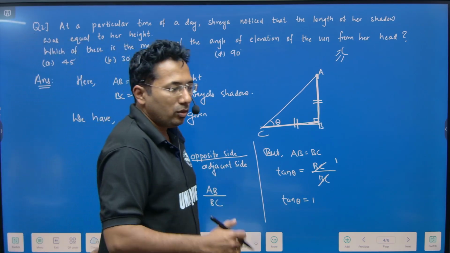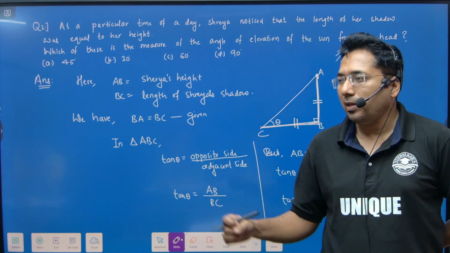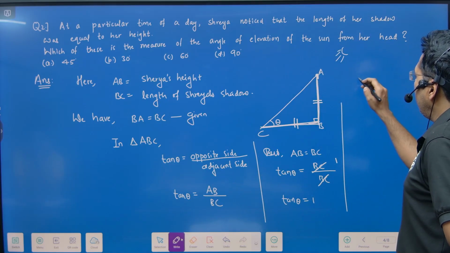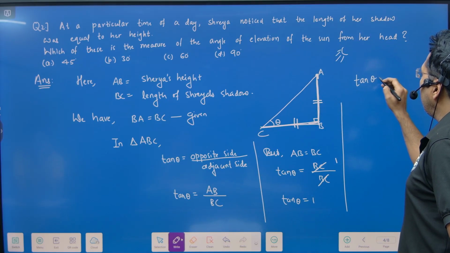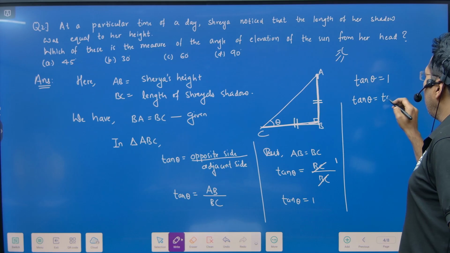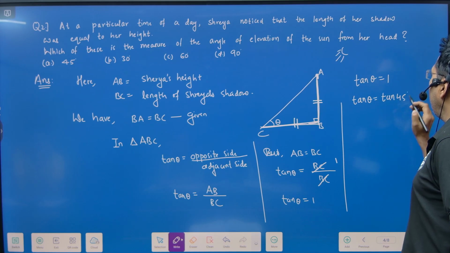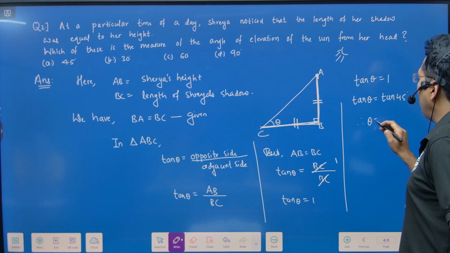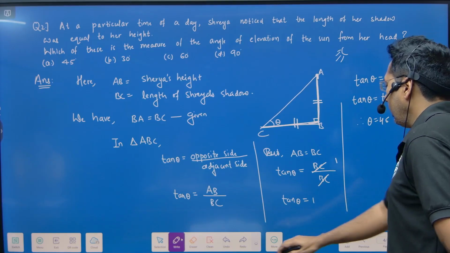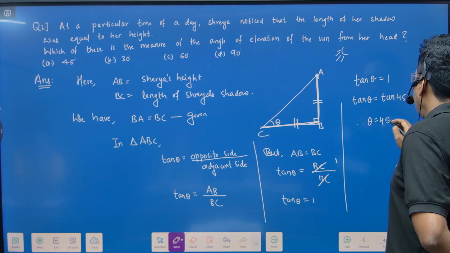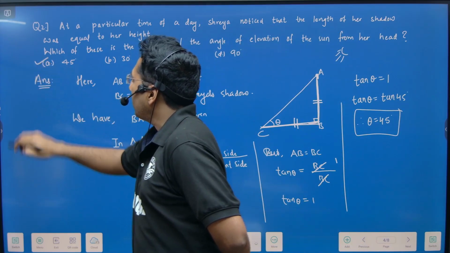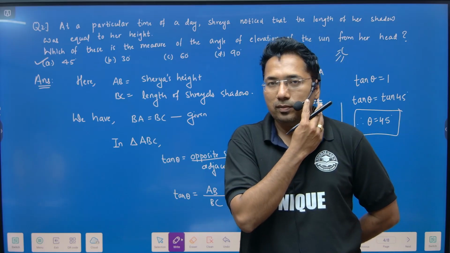Now in the trigonometry table, for which angle is tan theta 1? 45 degrees. What should I write here? Tan theta is equal to tan 45 degrees. Therefore, theta is equal to 45 degrees. Mark the answer option. I hope things are clear. I've understood.